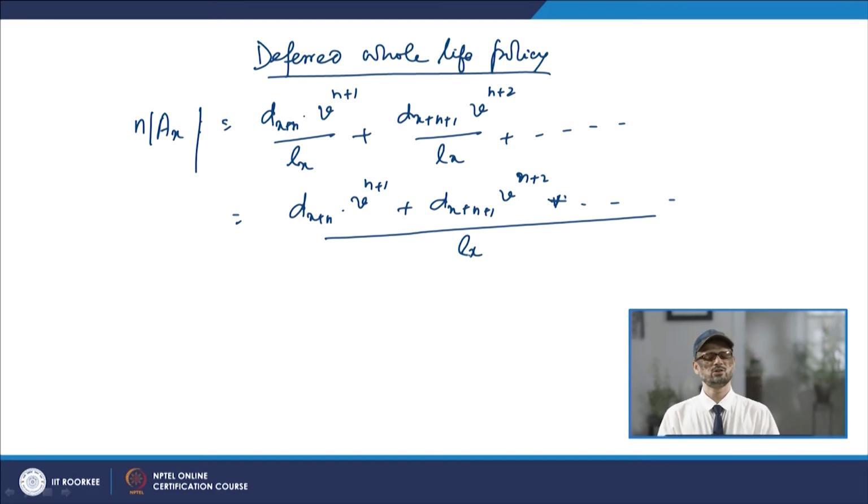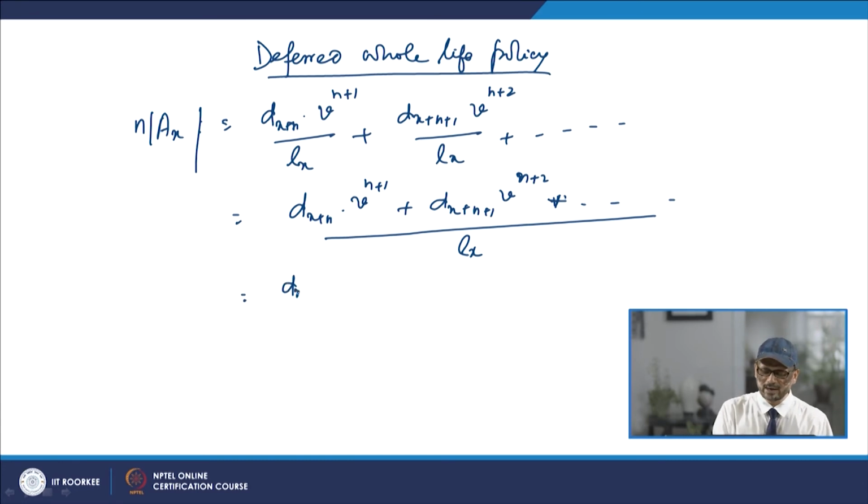Now, again in this case what you are going to do is multiply with the term v raised to the power x. If you multiply the top and the bottom with Vx, it will be dx plus n V x plus n plus 1, similarly dx plus n plus 1 V x plus n plus 2, and so on.